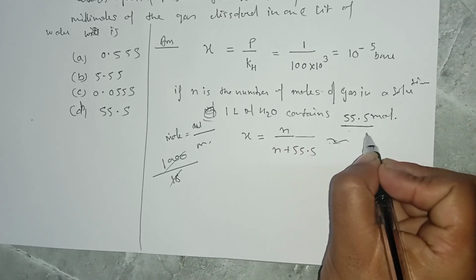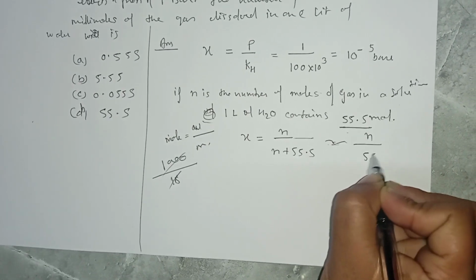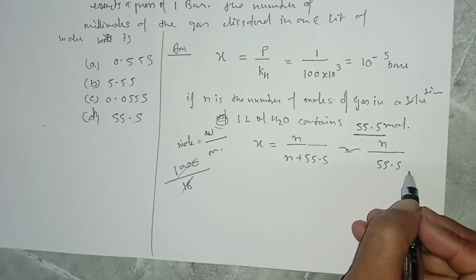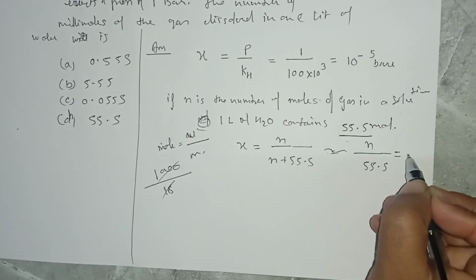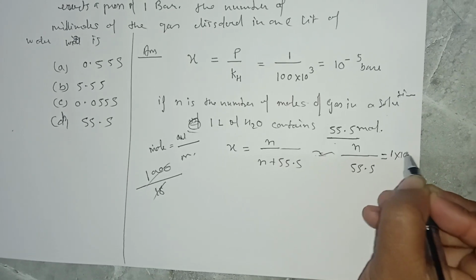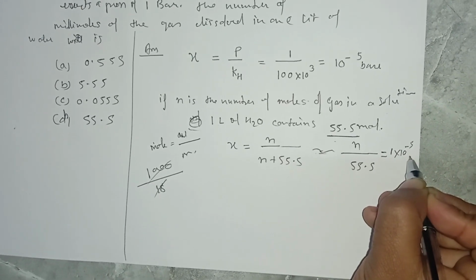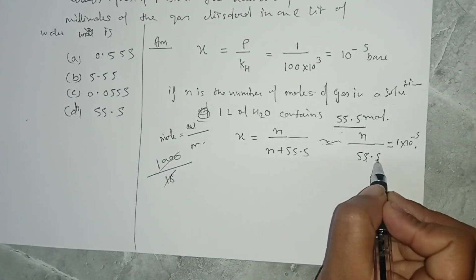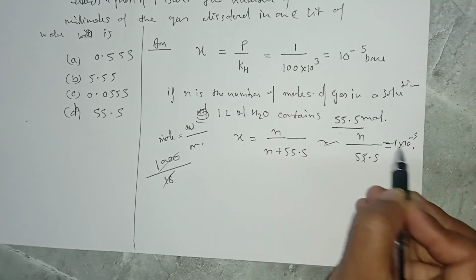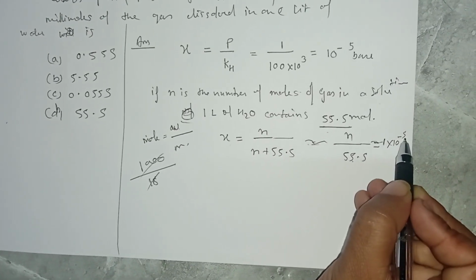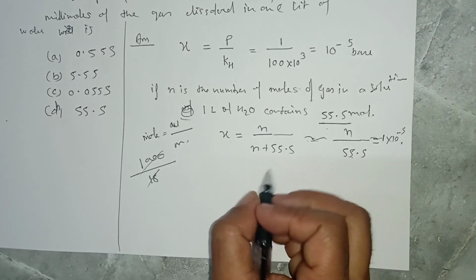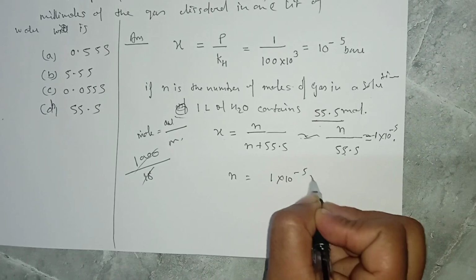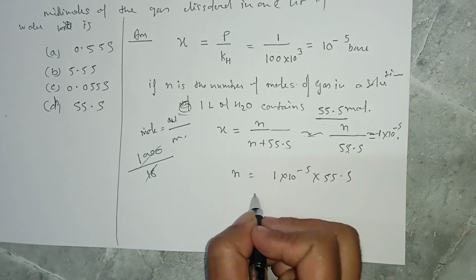We can take the approximate value n upon 55.5, because the value of n is very small, and this is given as 1 into 10 to the power minus 5. So X is equal to n upon 55.5, approximately equal to 1 into 10 to the power minus 5. So how can we get n? n is equal to 1 into 10 to the power minus 5 times 55.5.